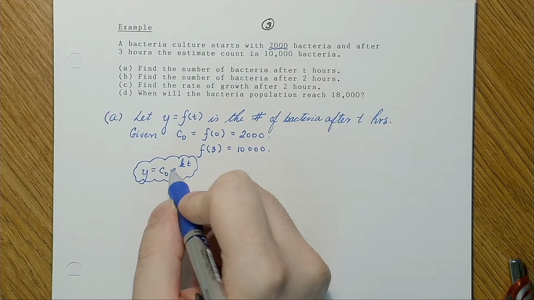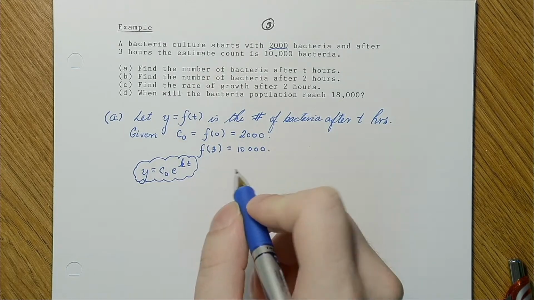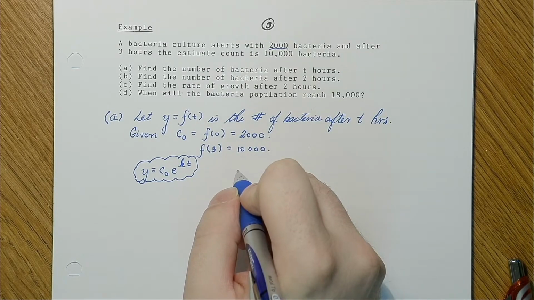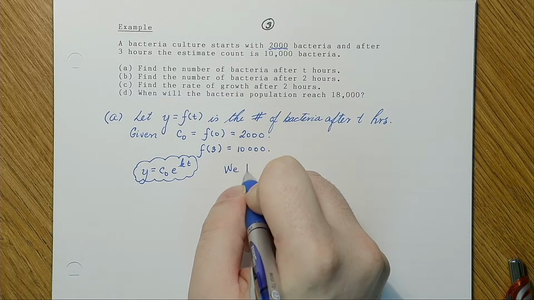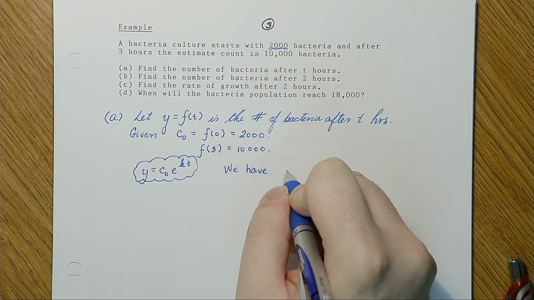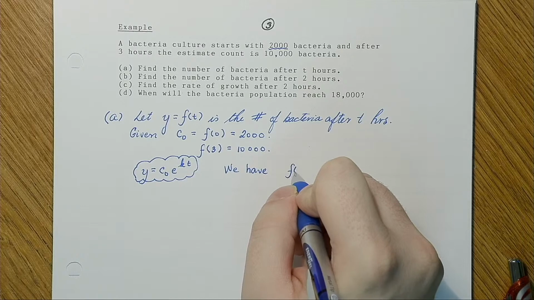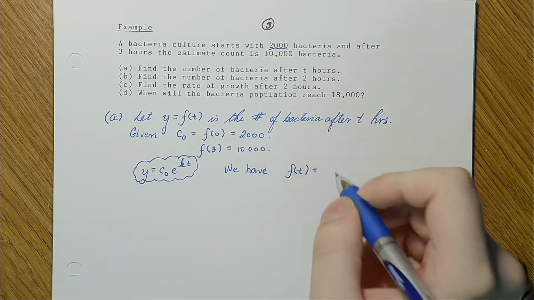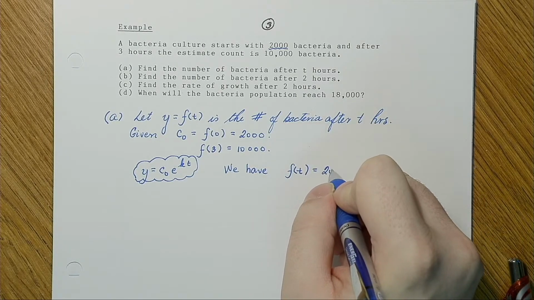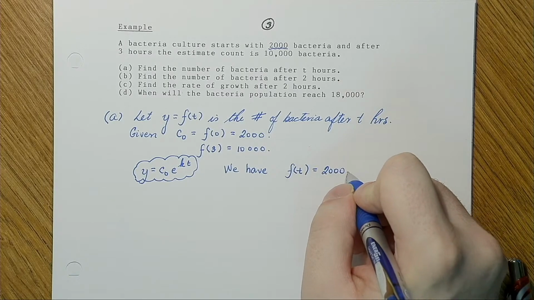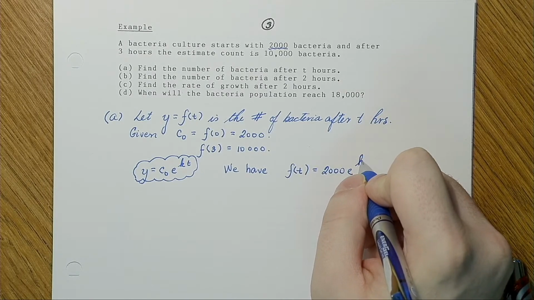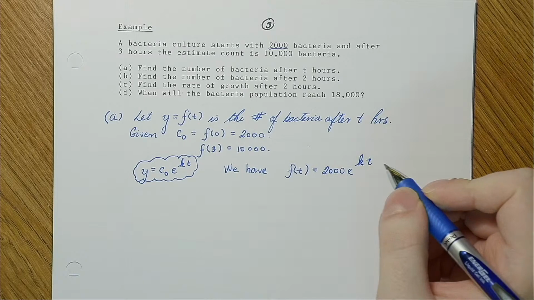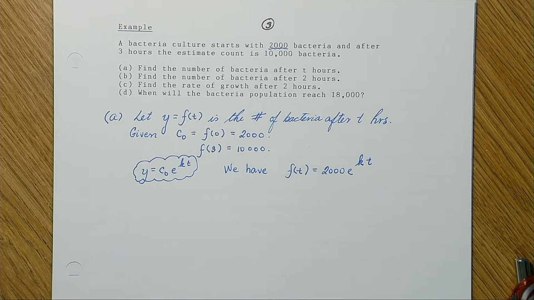What we'll do is replace our c naught now, so we have f of t is equal to 2,000 e to the kt. So we were able to specify what our c naught is.